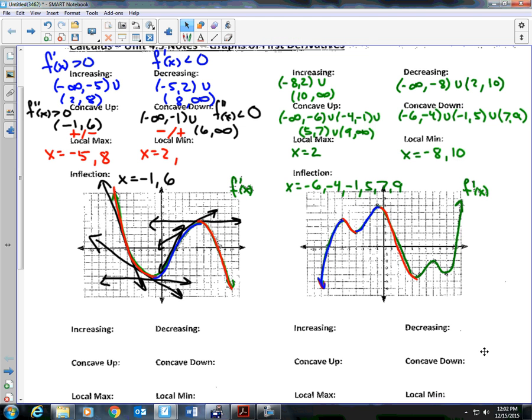Or in other words, wherever the first derivative is increasing, it will be concave up. Wherever the first derivative is decreasing, it will be concave down. And so therefore I have my intervals of concavity, and I have inflection points wherever it changes. So x equals negative 6, negative 4, negative 1, 5, 7, and 9.